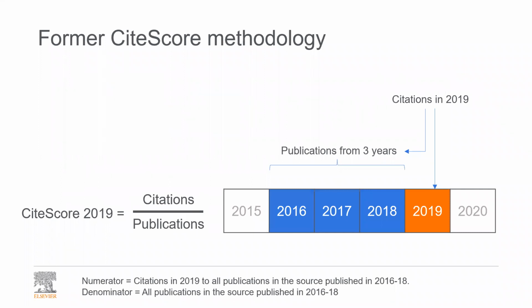So let me show you the formula now. This is the old CiteScore methodology. When it was first introduced, we only made use of the publications from 4 years and the citations for just 1 year. After that, we got feedback from research leaders and librarians, and we found out that there was some improvement needed.